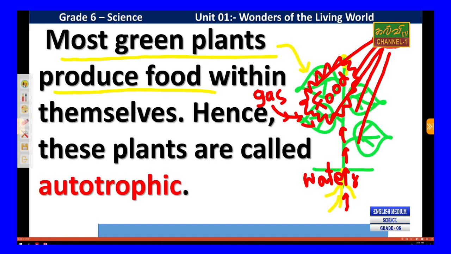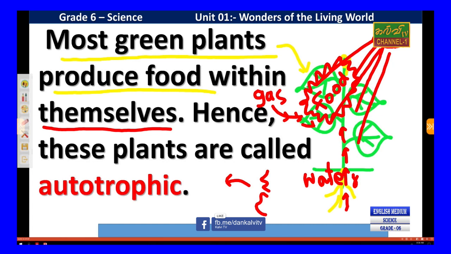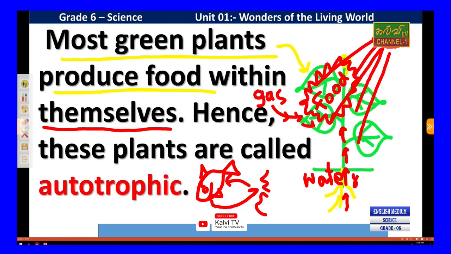So if I need to eat food, I have to go to a certain place and take a fish or something, then I can eat it. I can't produce food myself. But a plant does not necessarily eat food.